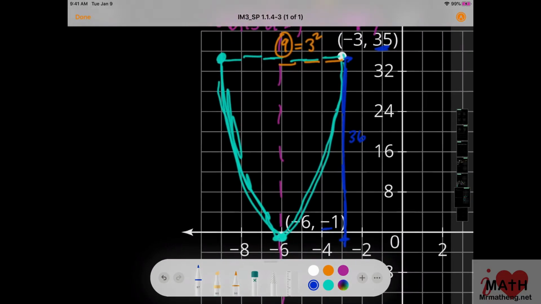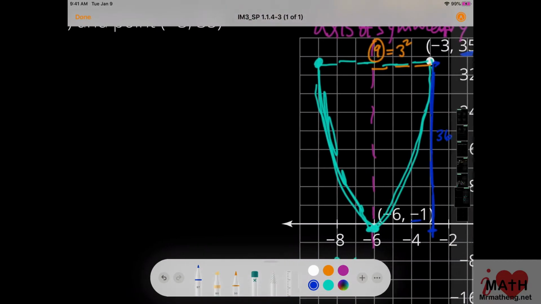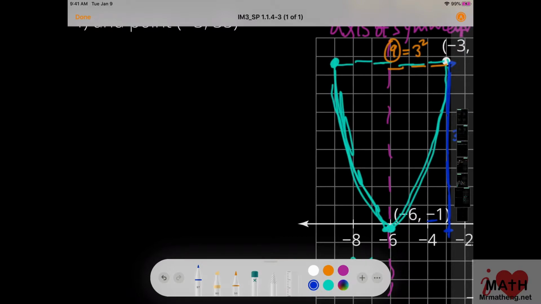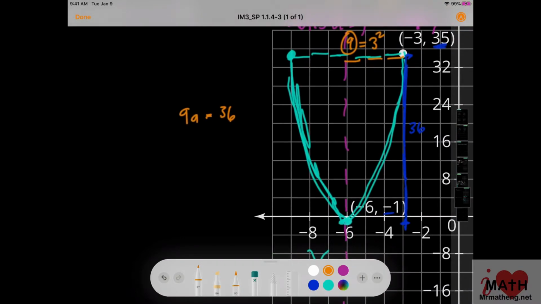Okay, so reference point says I need some kind of number. 9 times a equals 36. That number in blue there. If you divide by 9, you get a equals 4.